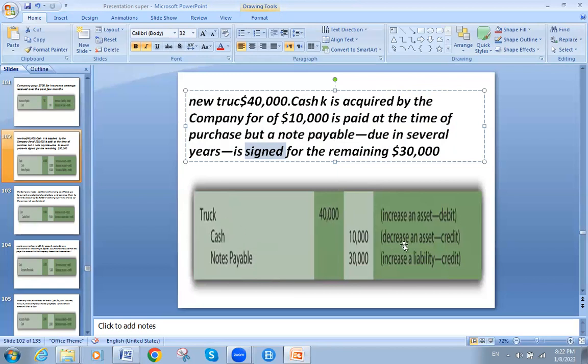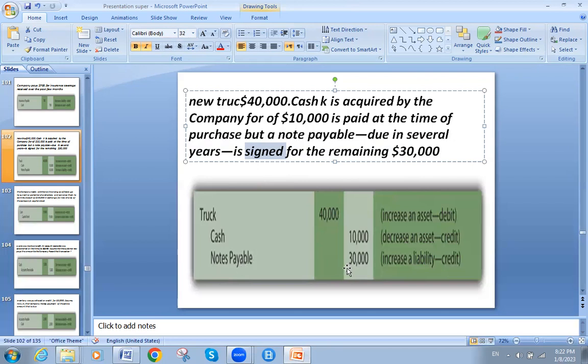We paid 10,000, this would be credit, and the notes payable. So the seller who sold us this truck took in his hand $10,000 and he asked us to sign for him a note or a check for 30,000. When we translate it into accounting records, we write it notes payable.